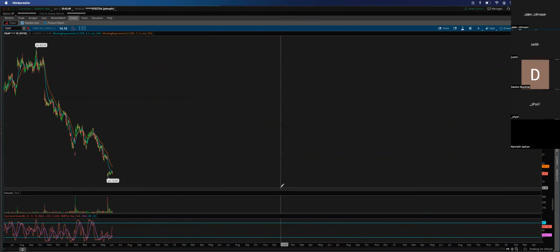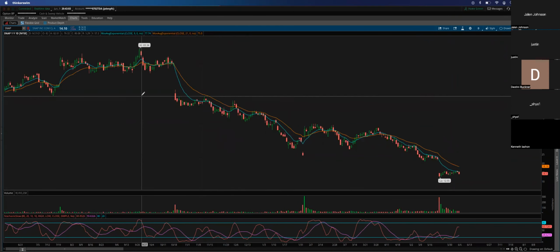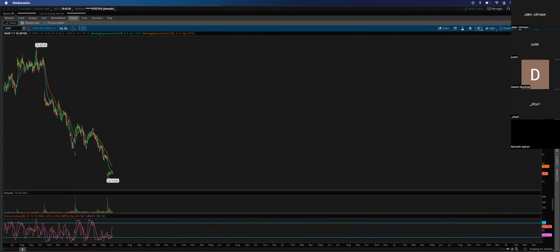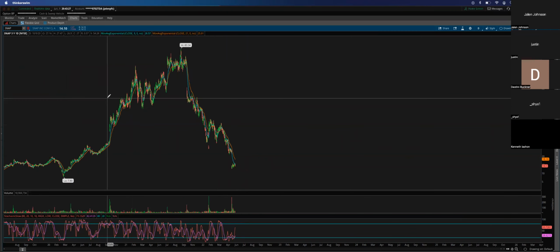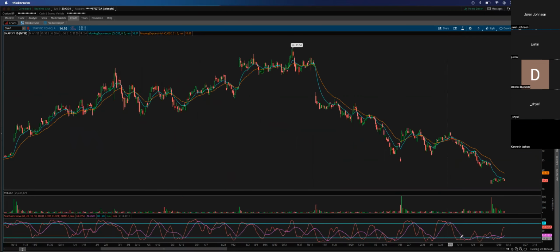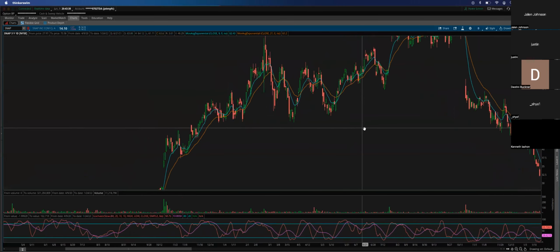I think Snap, after it gapped up 78, it was in the zone on the daily. Let's see.